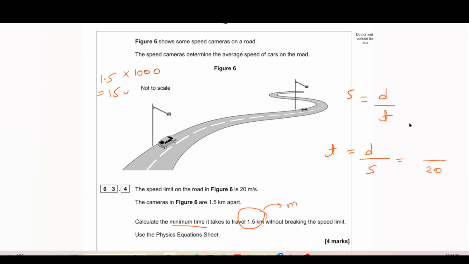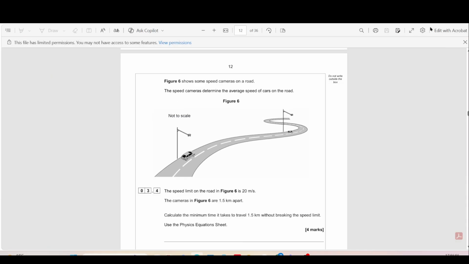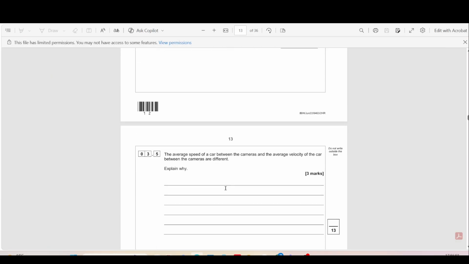Then 1.5 kilometers equals 1,500 meters. So 1,500 divided by 20 equals 75. So the minimum time it takes is 75 seconds. Absolutely correct. That's great.